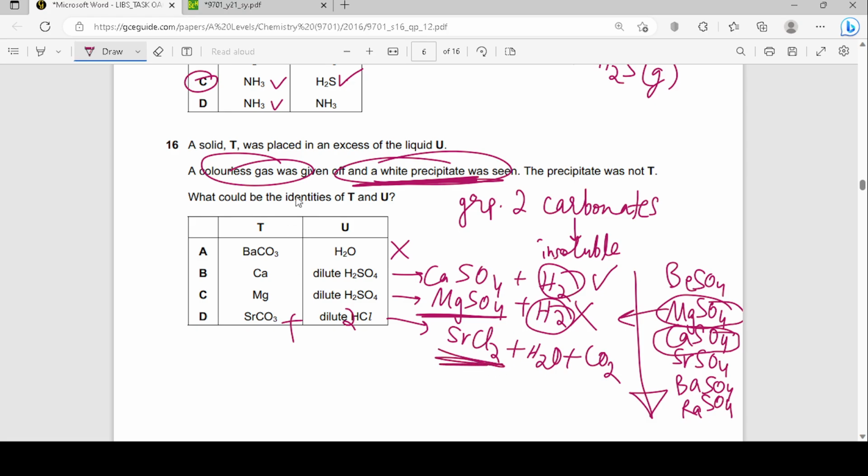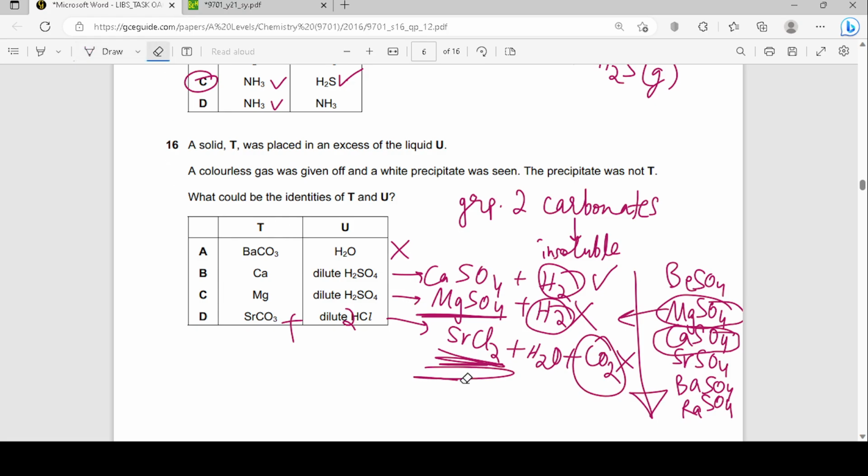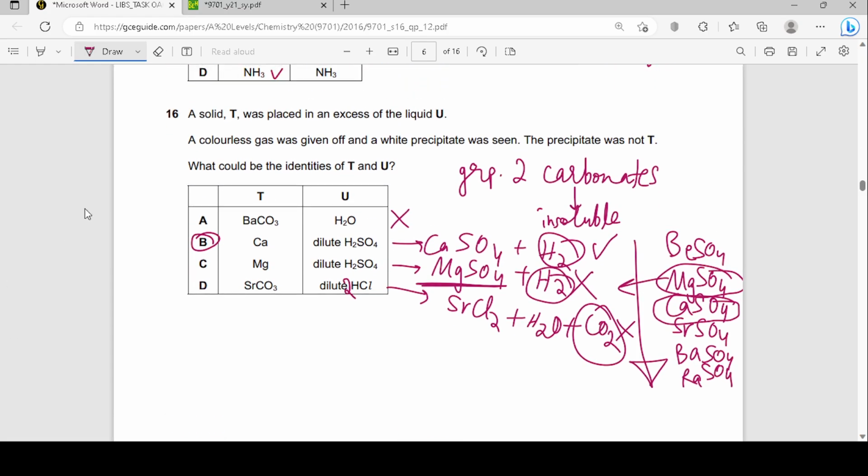A white precipitate will not be seen, and since there is no white precipitate, this is not the correct option either. Even though you do get a colorless gas, CO2, you don't get a white precipitate, and so the only possible answer will be D, because that's where you get a colorless gas and a white precipitate which doesn't dissolve that easily, CaSO4.